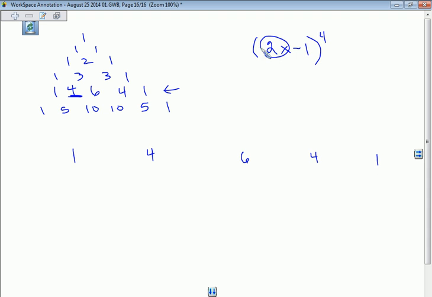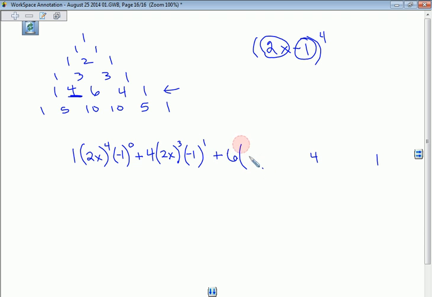The first term, the second term. So here the first term gets raised to the 4th. The second term gets raised to the 0. The first term gets raised to the 3rd. The second term gets raised to the 1st. The first term gets squared.